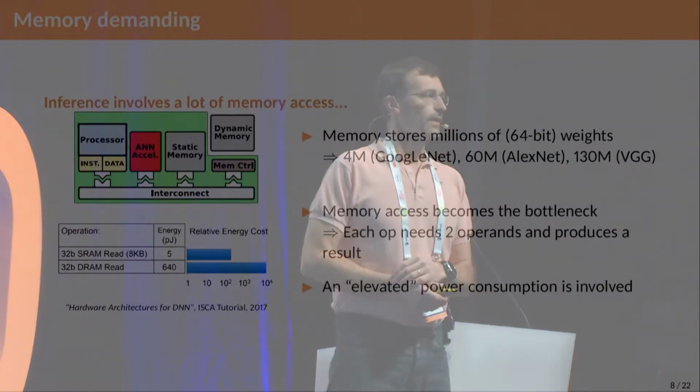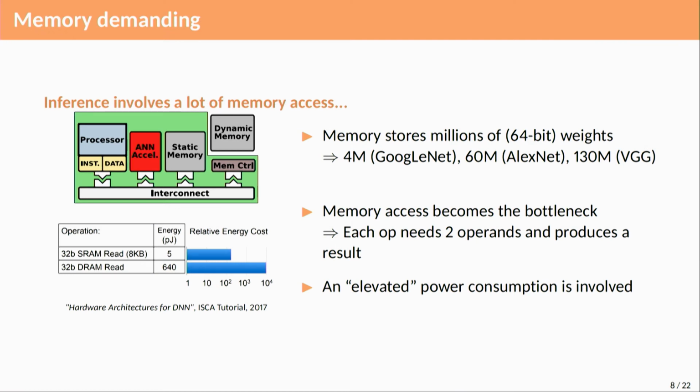Not only are we doing floating point operations, but we are also accessing a lot of memory. As we have seen quite rapidly on the chart, but now I can focus a bit on it. The number of weights that is necessary for a neural network to work well is big. If we take some recent example like Google LeNet, we have 4 million weights.